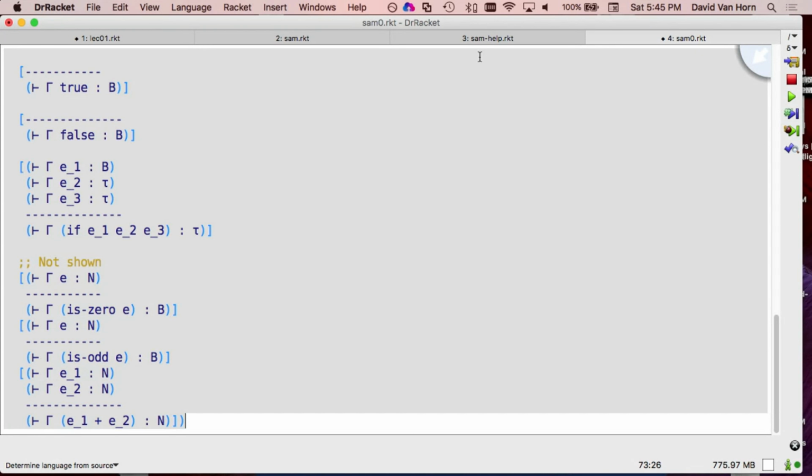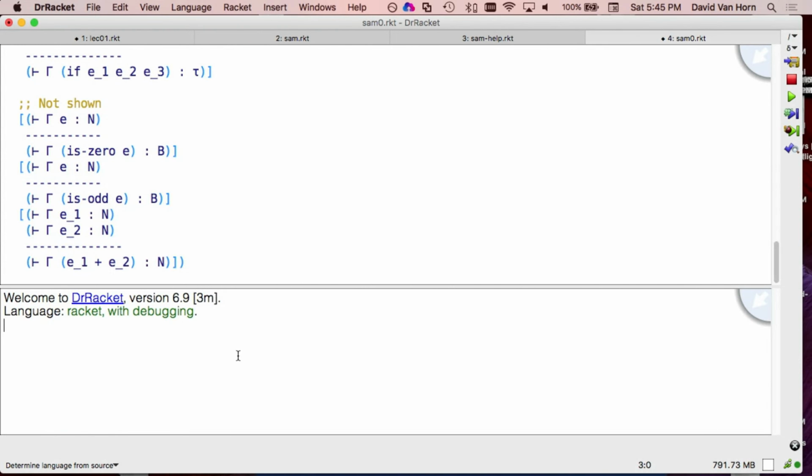Okay, so that was the typing judgment. Now, let me show you some other things that we can do. Just some other nice features of Redex that we can see so far. It's sort of one thing to do these examples like this.